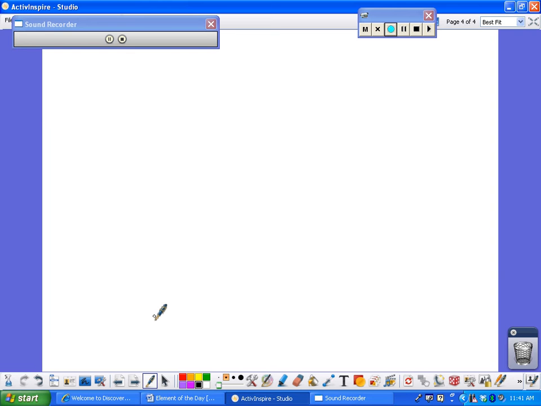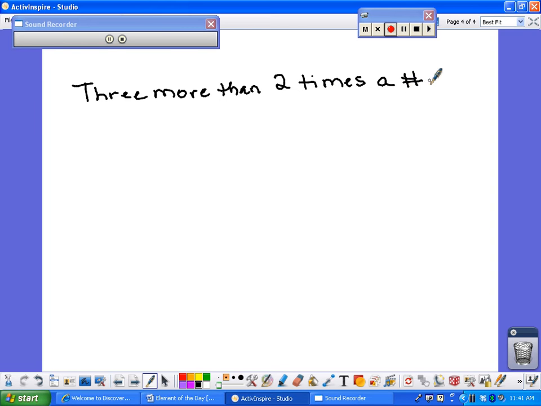Now the other thing I want to discuss is translating a verbal sentence into an inequality. So if we have a verbal sentence that says 3 more than 2 times a number x is greater than 27.